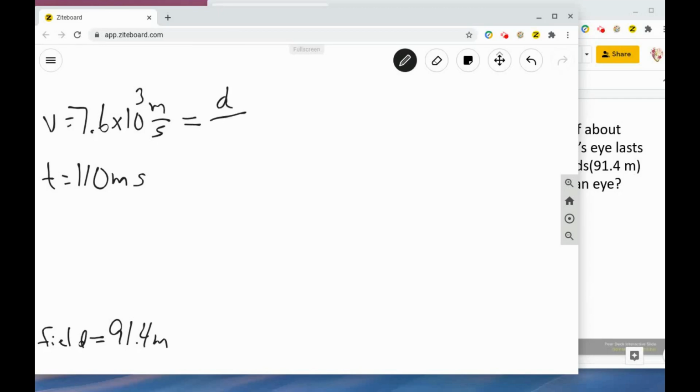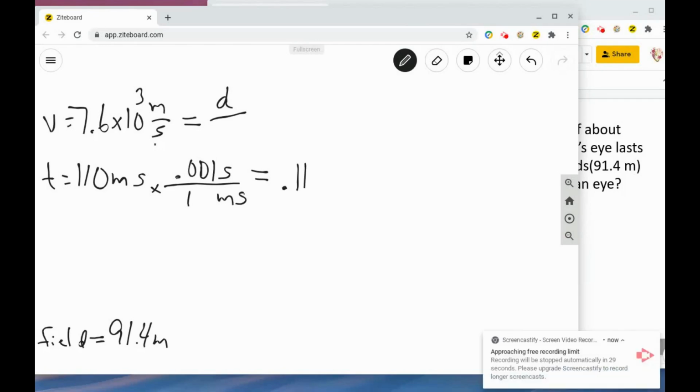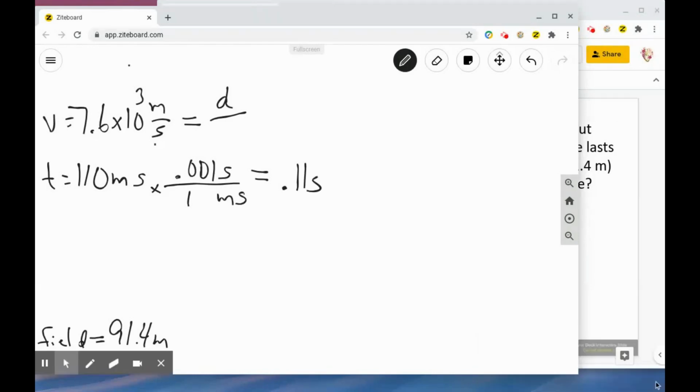But again, the velocity is in seconds, and our time is in milliseconds. So if we change milliseconds to seconds, and again, use your conversion chart if you need to, this is going to give us 0.11 seconds.